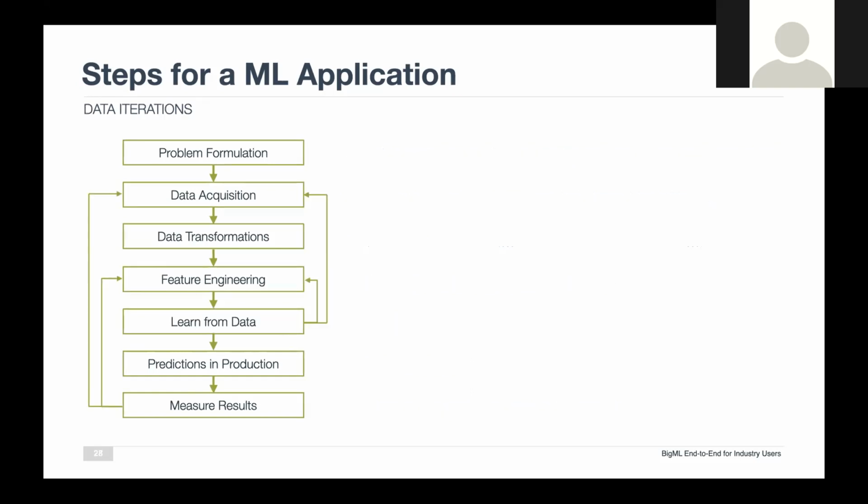And those steps are somewhat iterative, because when I evaluate, if results are not good enough, I could go back to feature engineering or even to data acquisition. The same happens in production: if I see that with real data results are not satisfactory, I could go back and do more feature engineering or modeling, and even get more data if necessary.